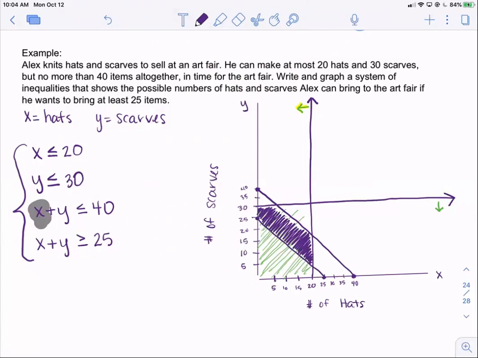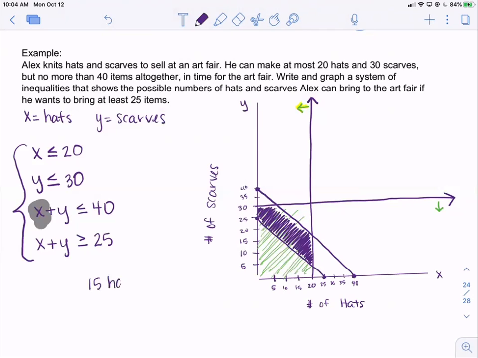Okay. Then if I asked you what would be a solution, could you tell me one? What would be a solution to this? 15 and 30, I think that one's gonna be too high. 15 and 25, okay, we could do that.